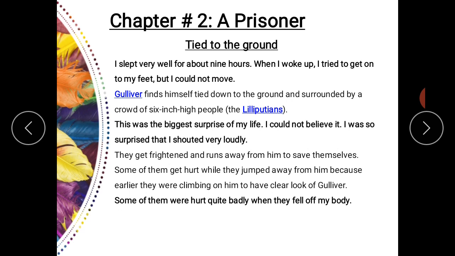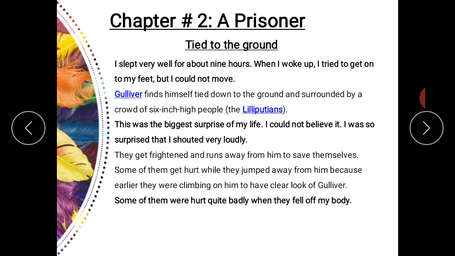His long, thick hair also was tied to the ground, and he could feel several thin pieces of string across his body. His whole body was tied down, except for just one part of his body, and that was his eyes. He could only move his eyes.